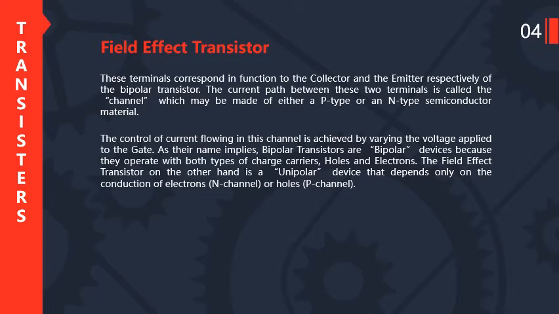As their name implies, bipolar transistors are bipolar devices because they operate with both types of charge carrier, holes and electrons. The field effect transistor, on the other hand, is a unipolar device that depends only on the conduction of electrons in N-channel or holes in P-channel. So this is the basic difference between BJT and FET.